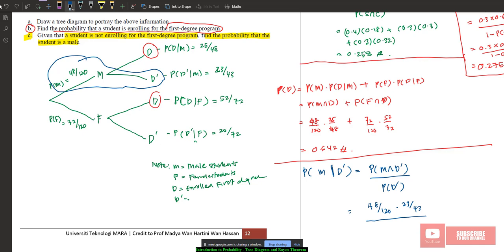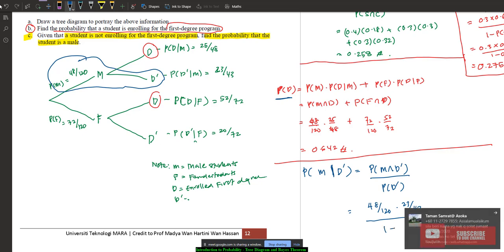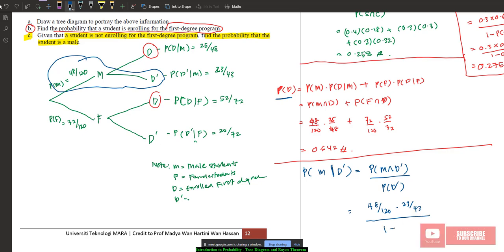Divide by the probability of not enrolling for the first degree program. This is the probability of enrolling for the first degree program, so the complement should be 1 minus 0.642. So this should be equal to 0.535.